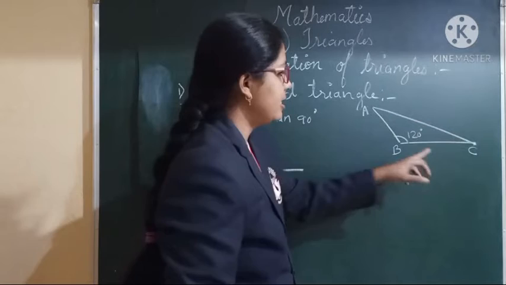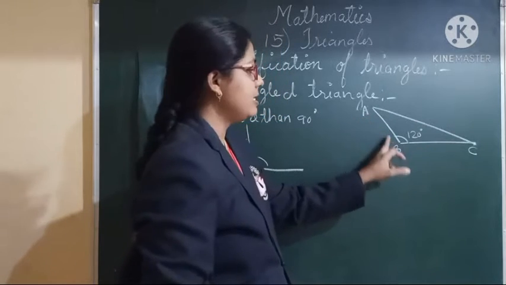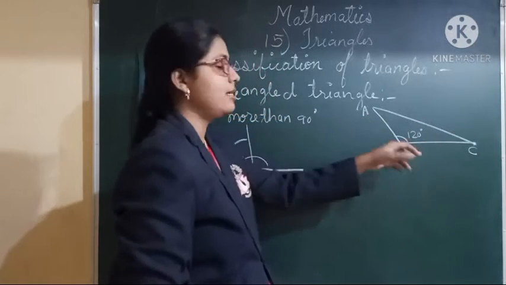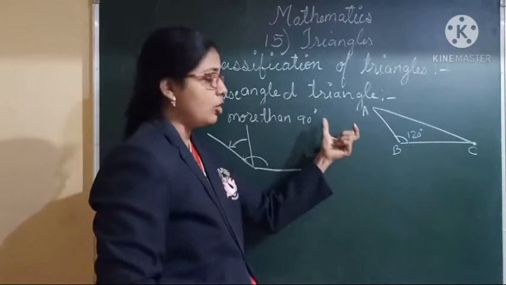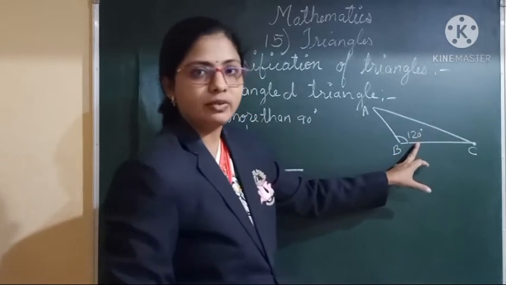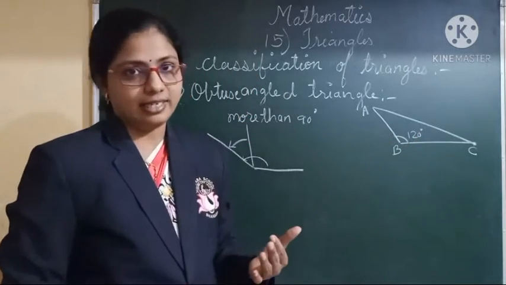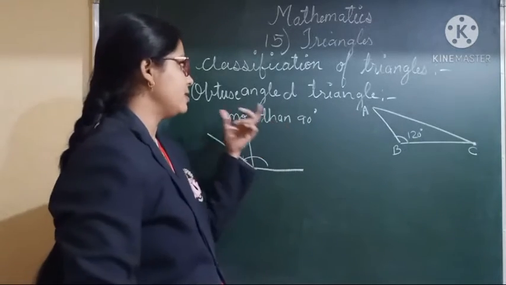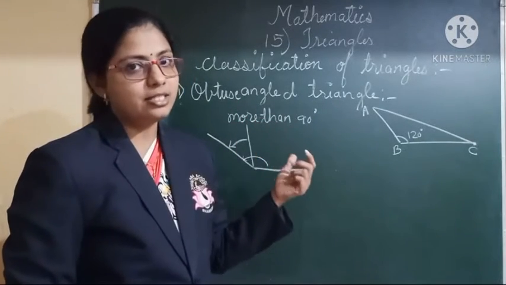Here you can see the figure. Here ABC is a triangle which is known as an obtuse angle triangle because it has one angle, that is B, of 120 degree, which is more than 90 degree. That is why it is known as obtuse angle triangle.